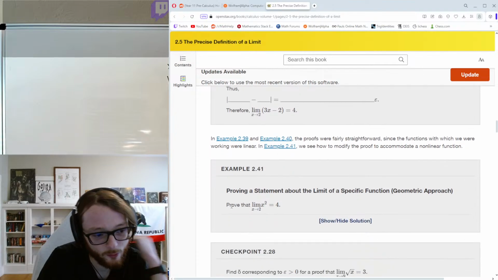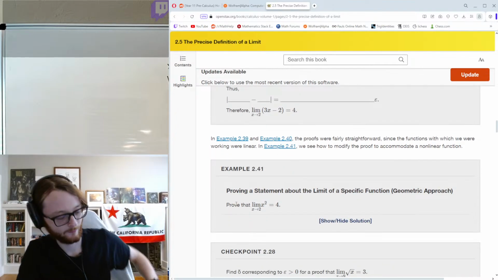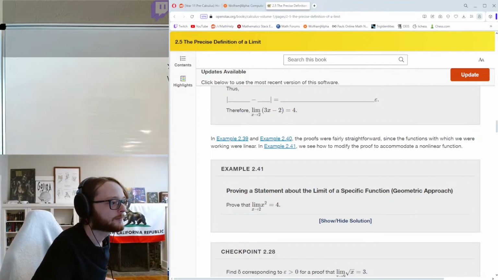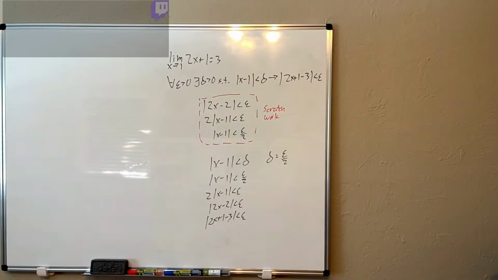All right, so let's try with the quadratic. So the limit as x approaches 2 of x squared is equal to 4. This is where it's going to get a little trickier. So you've got to do some bounding trickery.